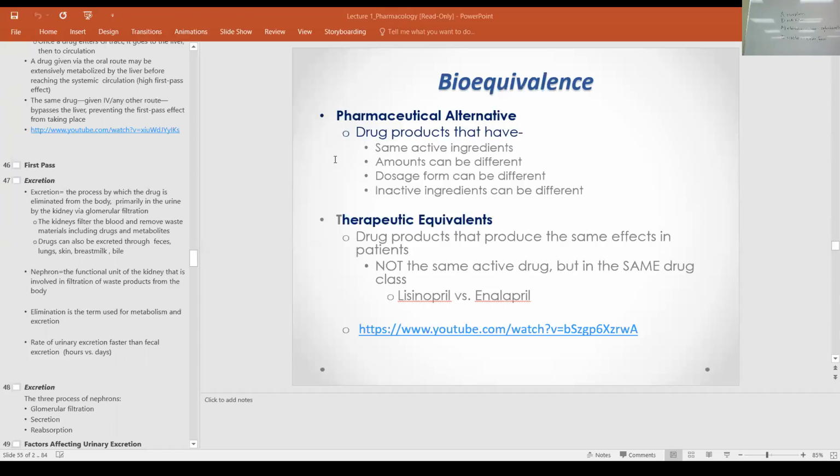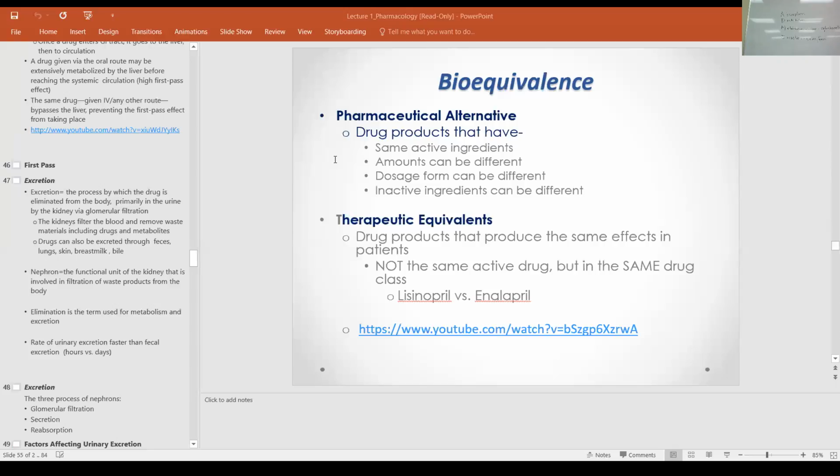The generic industry seems to have improved that incredibly since then, and we now pretty much can reconstruct the equivalent of the original, and in fact, many of the large pharmaceutical companies make generic versions of their own drug as well.